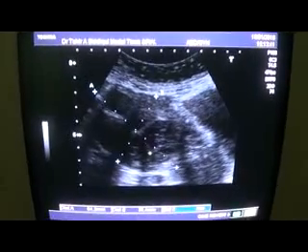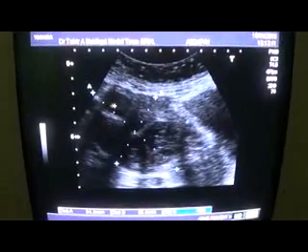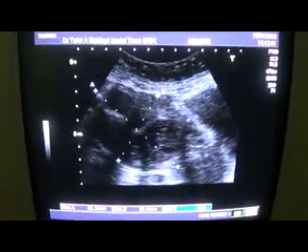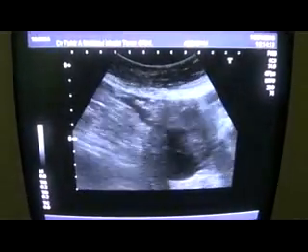This pocket is filled with thick echoes, whereas this is a septa. This is the outer wall of the cyst.